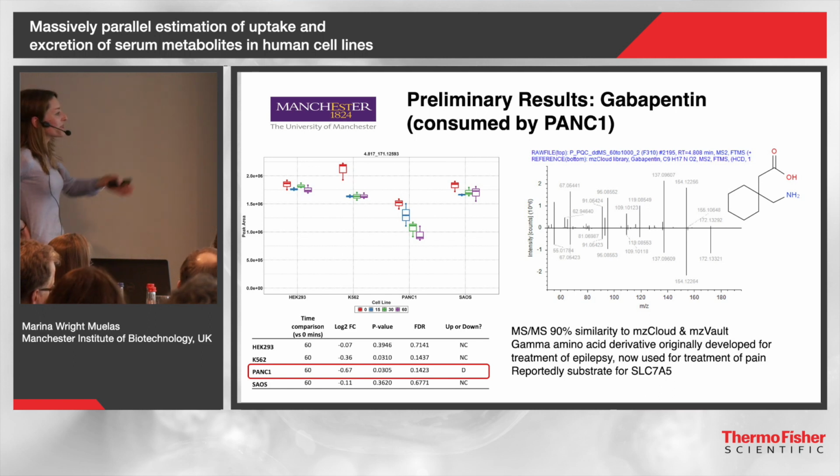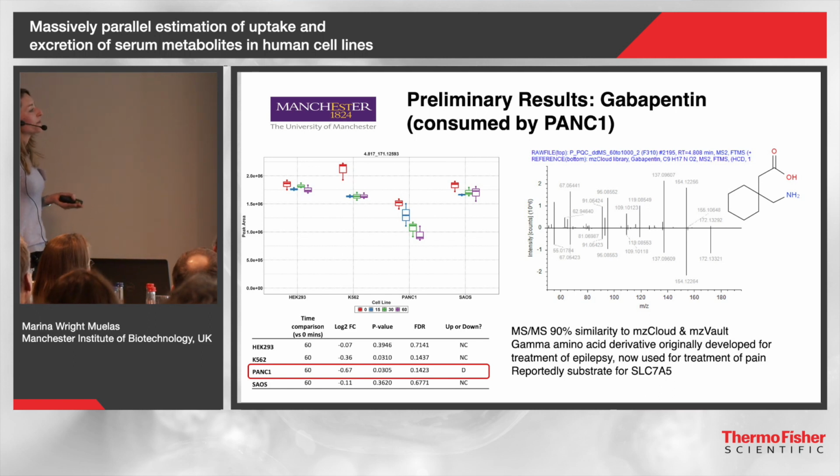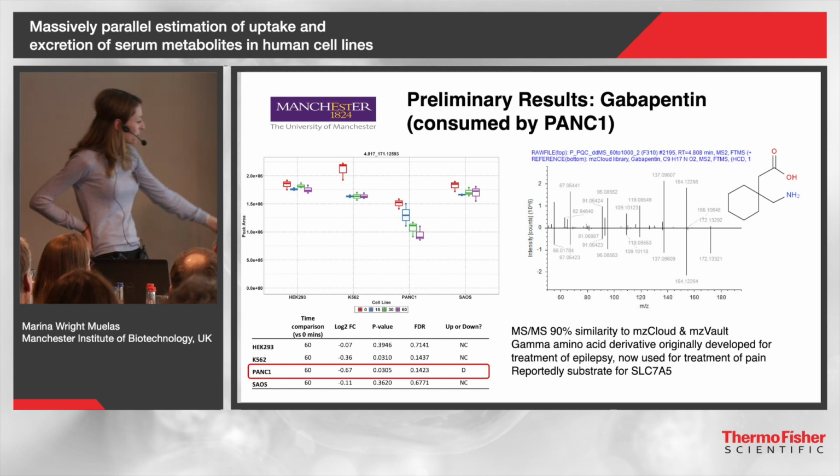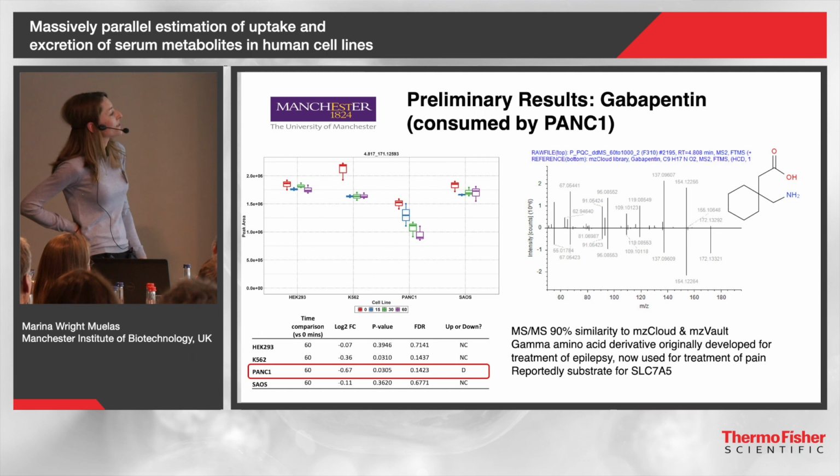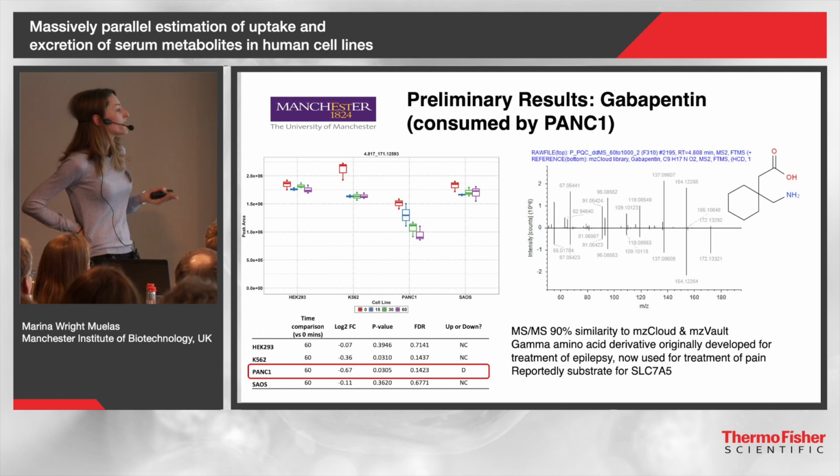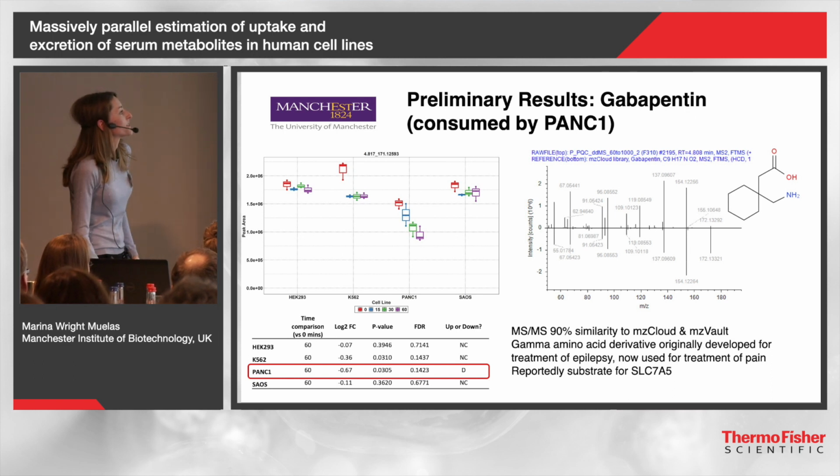And again, we see different uptake of gabapentin by different cell lines. So I'm guessing the PANC ones must be in a little bit of pain because they consumed a lot more compared to the other cell lines. And again, when comparing the MSMS spectrum to mzCloud, we had a really good similarity match there. So we're nicely confident that this is what it's telling us it is.